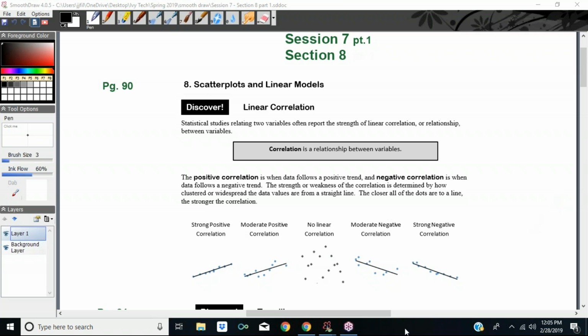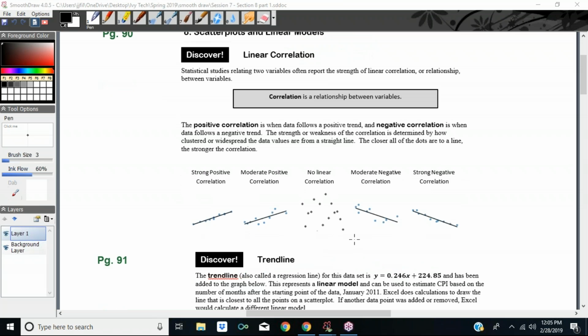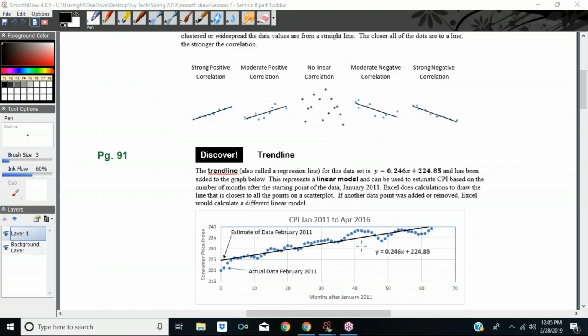So we'll be looking at some trend lines. These black lines are trend lines. And just identifying them as positive or negative correlation, and if it's strong or moderate correlation. So on page 91, the trend line, also called a regression line, for this data set is y equals 0.246x plus 224.85 and has been added to the graph below.